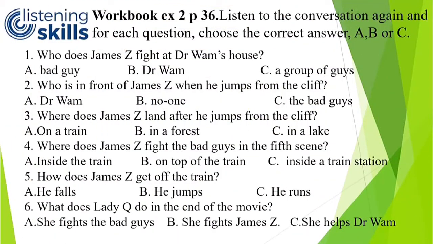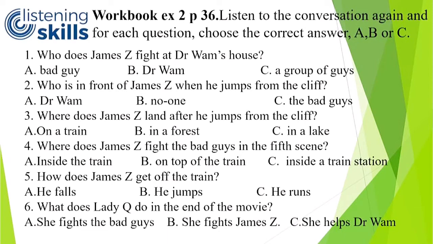Track 7. Let's talk about the 6 big scenes in the action movie, shall we? Yes, the first scene is in the mountains, where the main character, James Z, makes his escape from Dr. Wham's house. He fights Dr. Wham's bad guys and runs. We see Dr. Wham standing in the door, laughing and saying, "He won't go far." Yes, then James Z runs into a forest where he stays for a few hours. This is the second scene. Right.